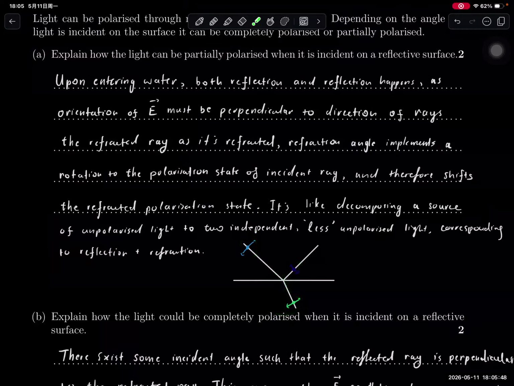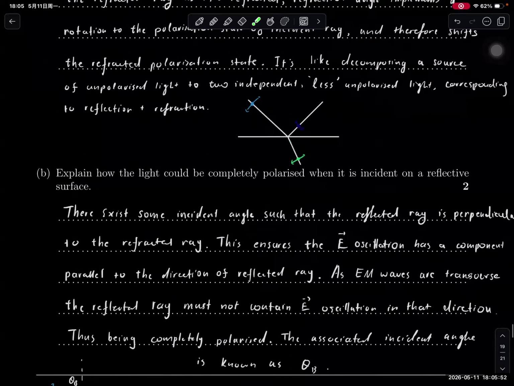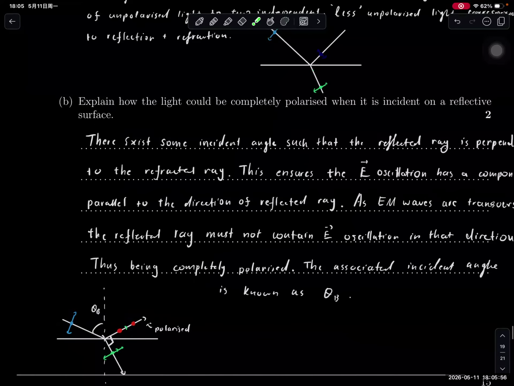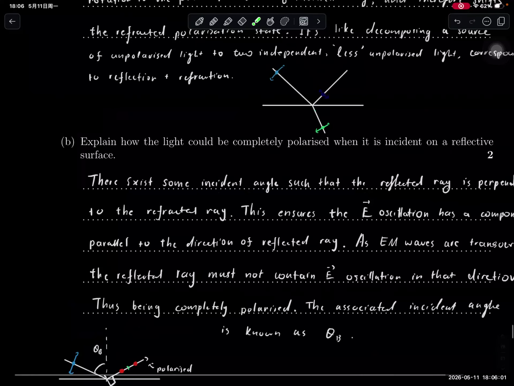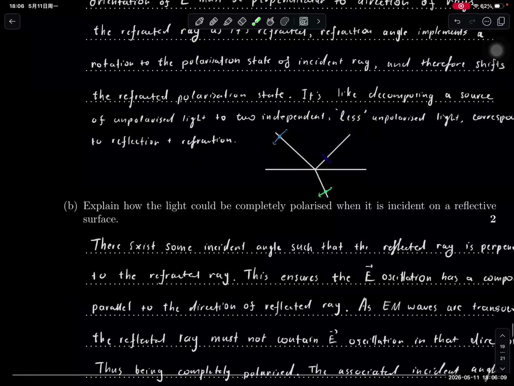And then question B investigates whether there is a specific angle at which you observe the reflection so that the reflected beam is fully polarized. If you think about it, there is such an angle.